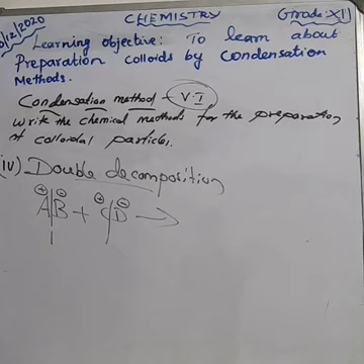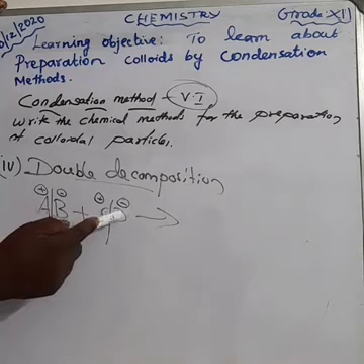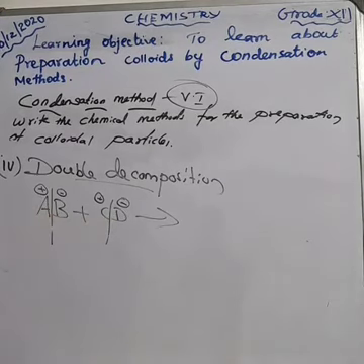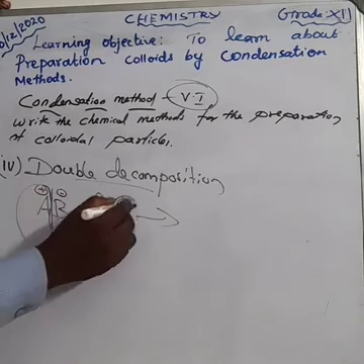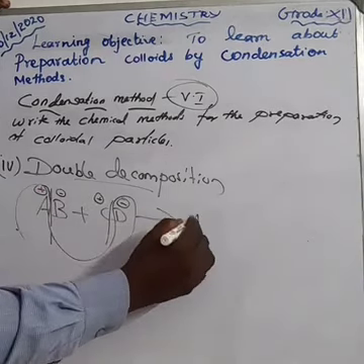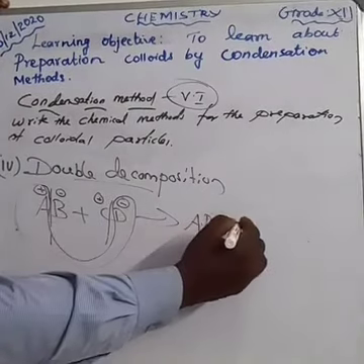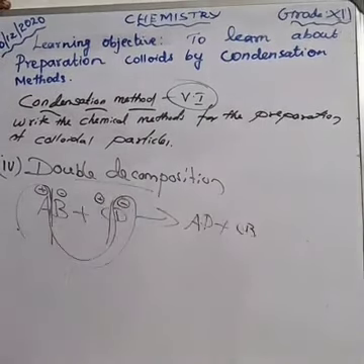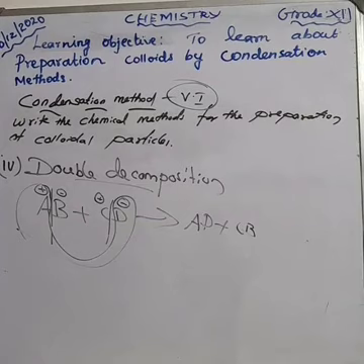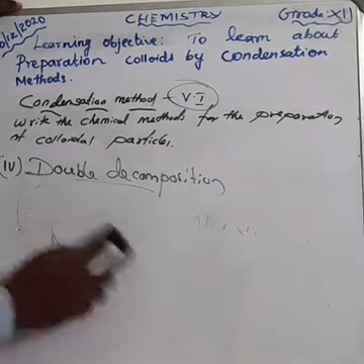Here one of the A combines with the other negative radical. A reacts with the D, we get AD, plus C reacts with the B, we get CB. This reaction is about what? Double decomposition reaction.